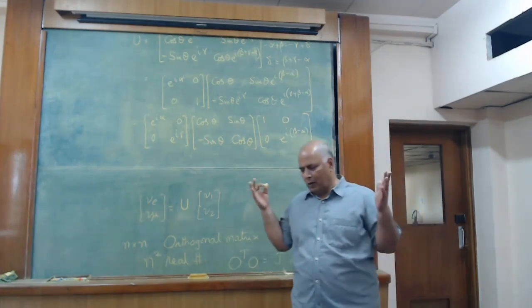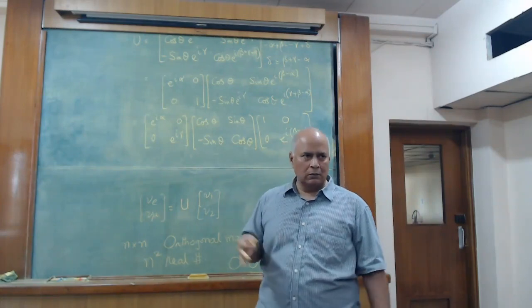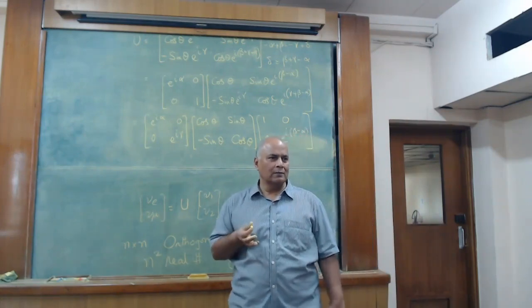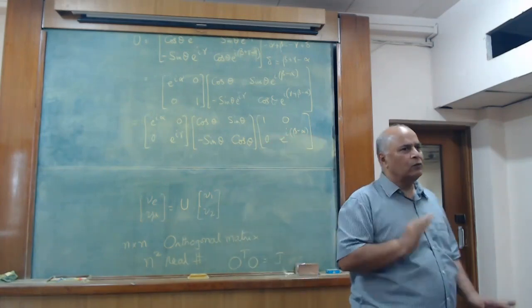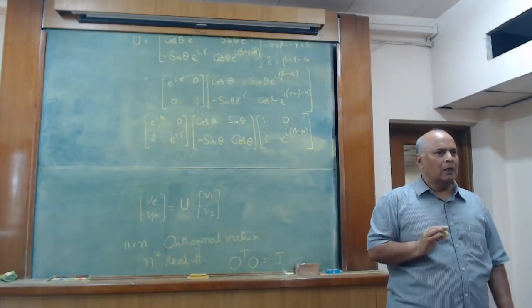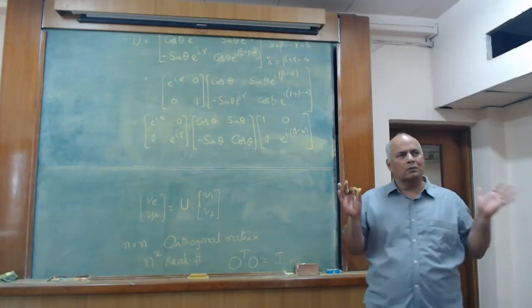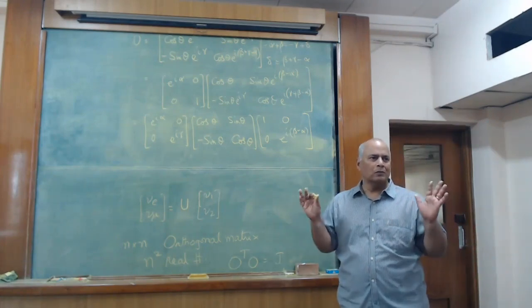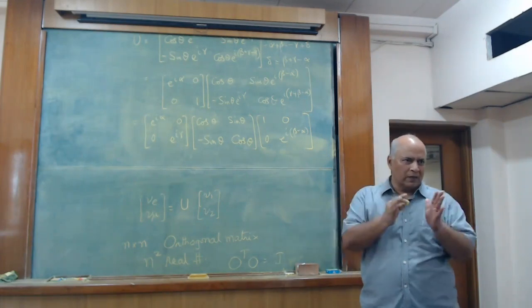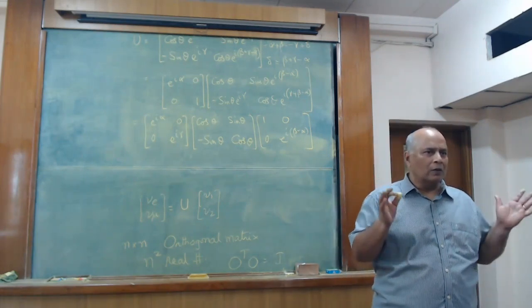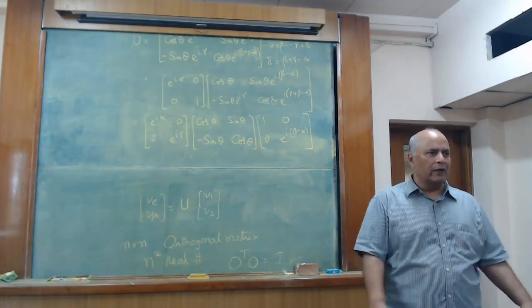So, in considering 2x2 mixing, the flavor oscillations in the two-flavor approximation, nothing goes wrong if I take the mixing matrix to be orthogonal. I don't have to consider the unitarity.